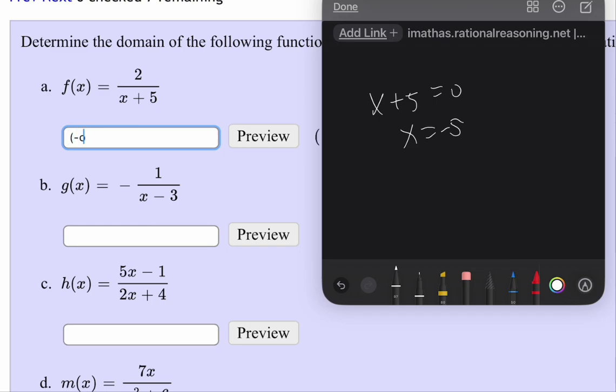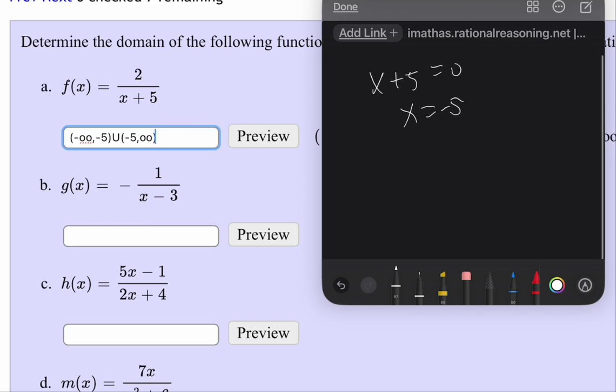So we're going to go to negative infinity, we're going to skip -5, and then we can keep on going. So our domain for 4a, for me, would be from negative infinity to -5, and then again from -5 to infinity.